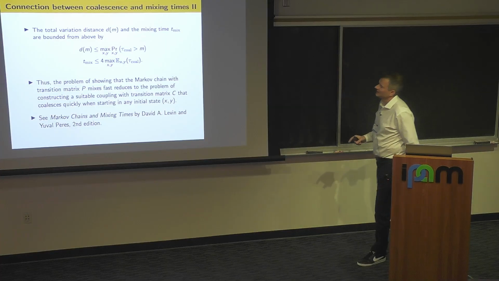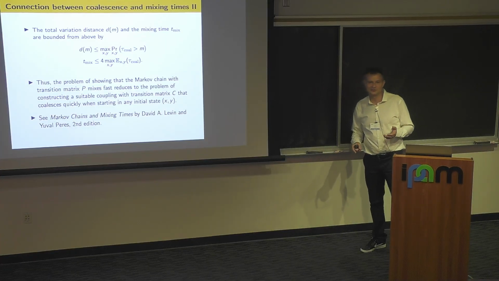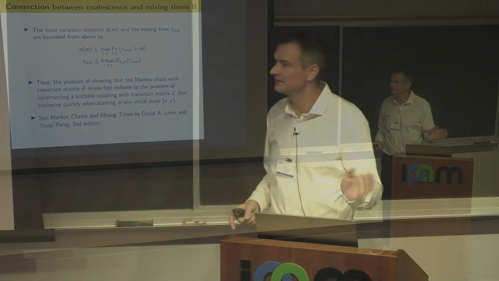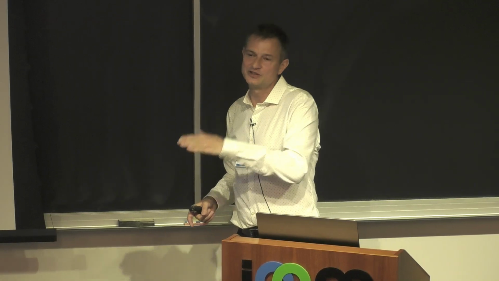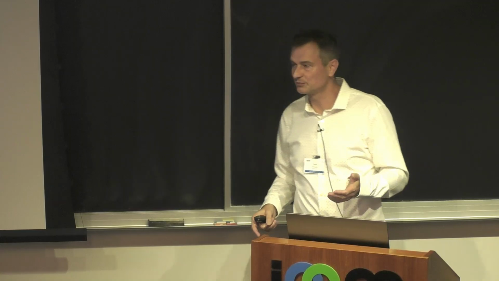Okay, but why care about this coupling? If you have one problem and you want to bound the mixing time, and you invent some other problem, then this new problem better help you solve the original problem.